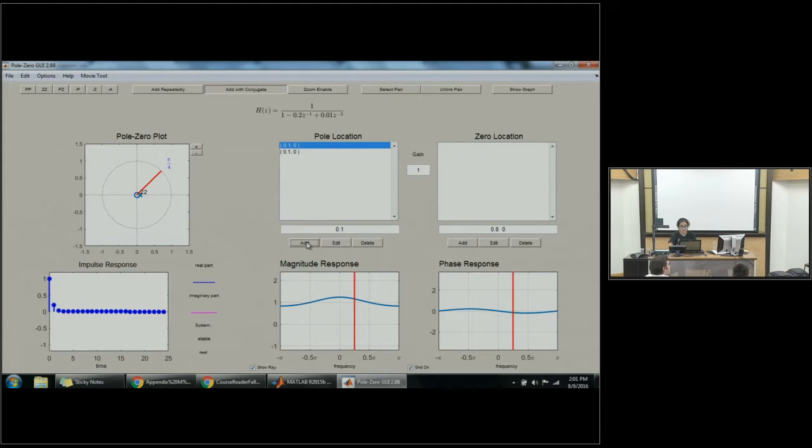But when we see the magnitude response, what does the magnitude response tell us? That tells us that my signal is coming in, it's getting multiplied by this magnitude and going out.